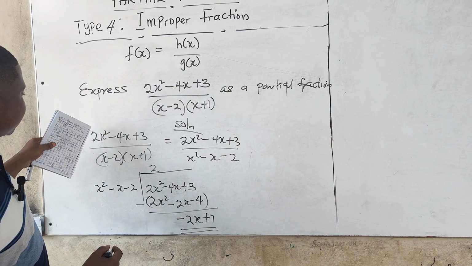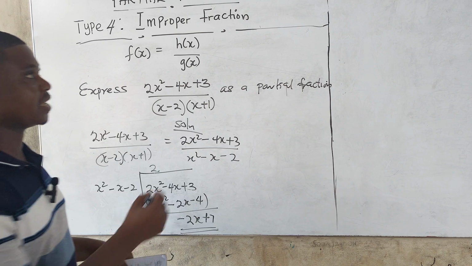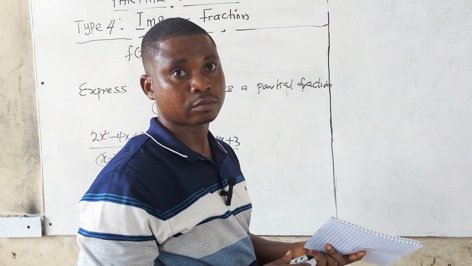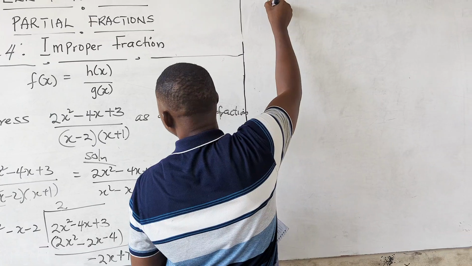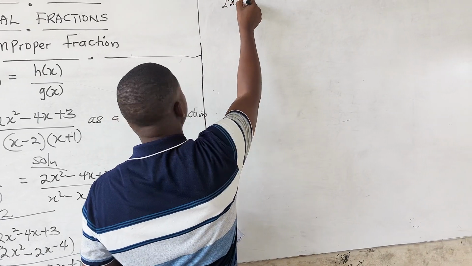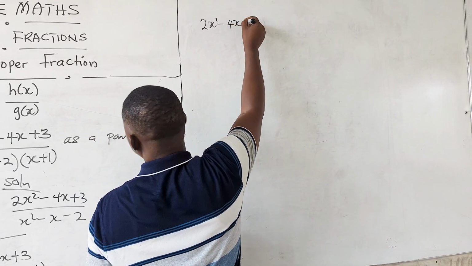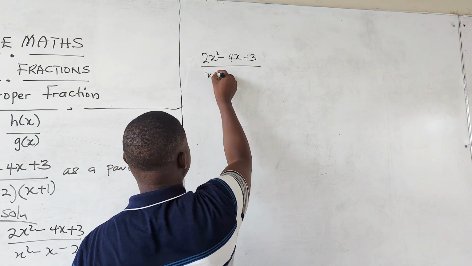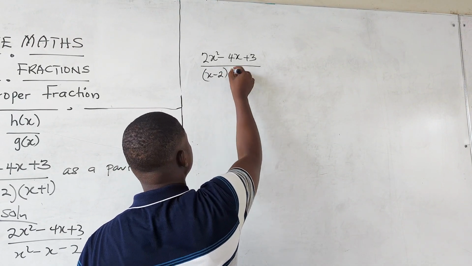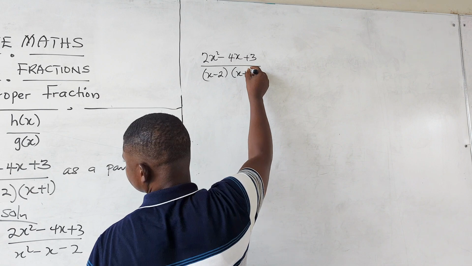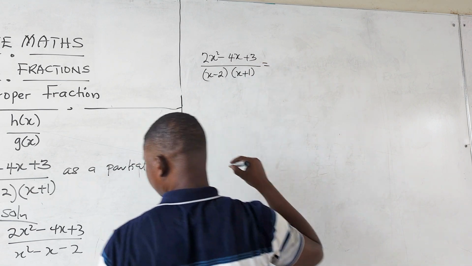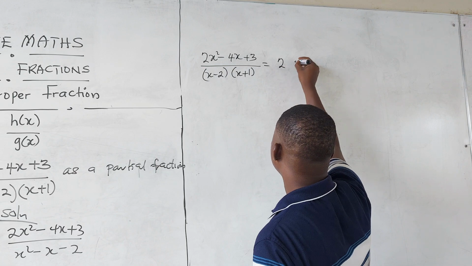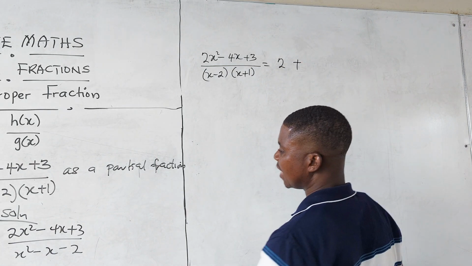So it means this equation can be written as 2x squared minus 4x plus 3 over x minus 2, x plus 1 is equal to, the quotient is 2, plus the remainder.